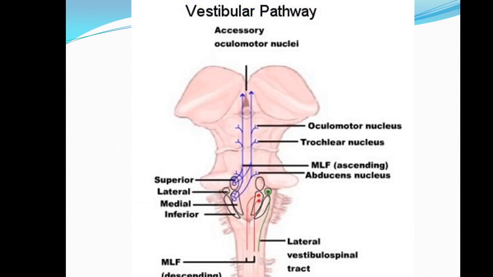Here in this diagram, you can see that this medial longitudinal bundle has ascending fibers and descending fibers, and it is connecting the third nerve, the fourth nerve, the sixth nerve, the eighth nerve.